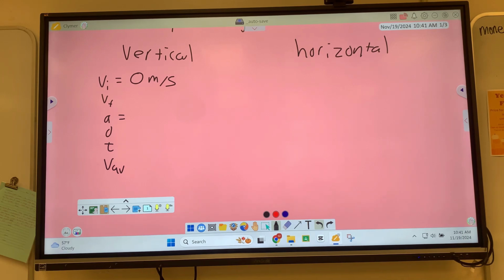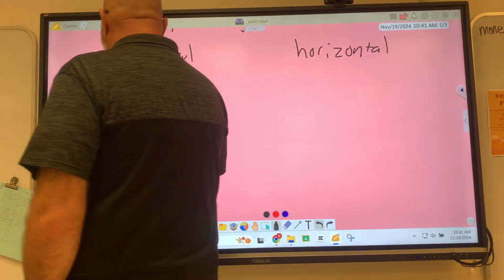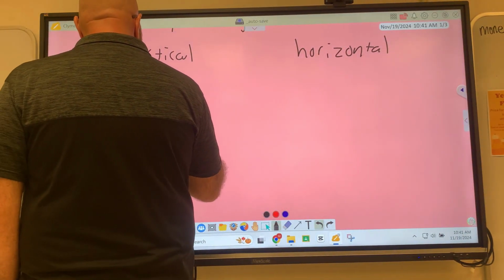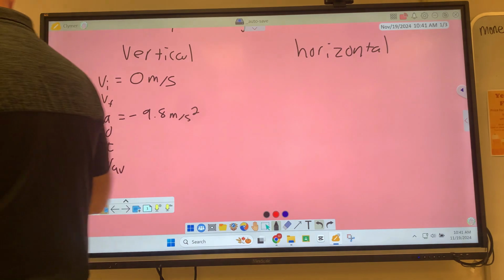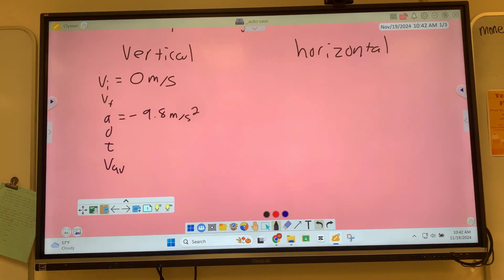That'll be one of the knowns that we're going to be able to plug in. I know we used 10 last week for one of those problems. We'll be using 9.8 meters per second squared going forward for the acceleration due to gravity. Just that 10 meters per second thing was kind of a one-off.